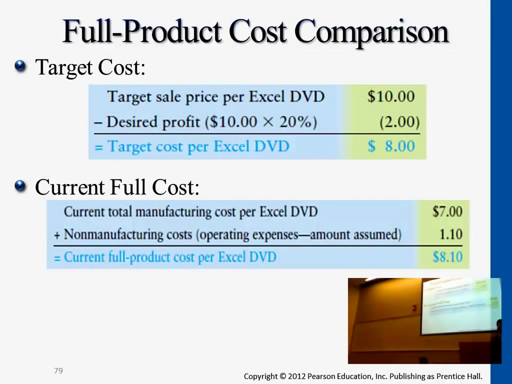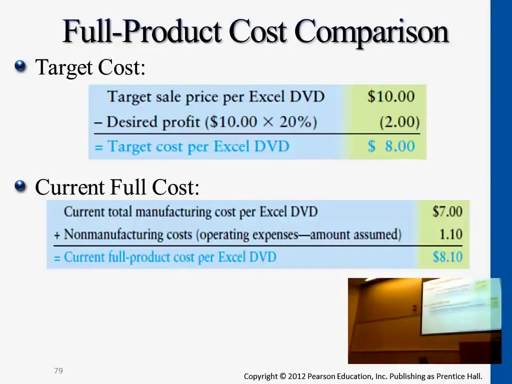And this is where the value engineering team needs to come in and find some strategies to cut the costs in several departments in order to meet the $8 target if we want to generate the profit. So it's either not generating the target profit, or generating it by trying to cut the costs in some areas. Okay?